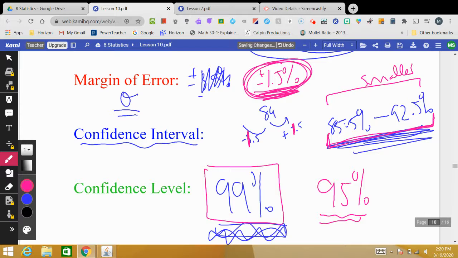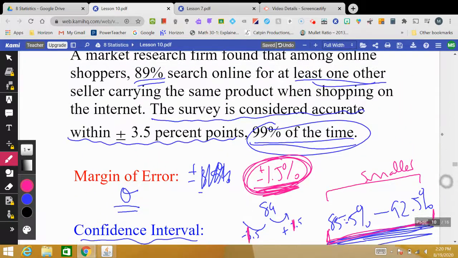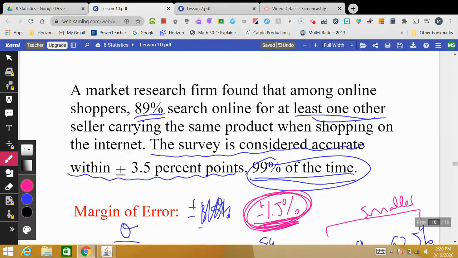in my results. Now, another way we can interpret this, it didn't say in this question how many people they polled. Okay, let's say they polled 1,000 people, and that's how they got this number, the 3.5% and all that. But what if they polled 5,000 people? What do you think would happen? Well, the more people you ask, what should happen?